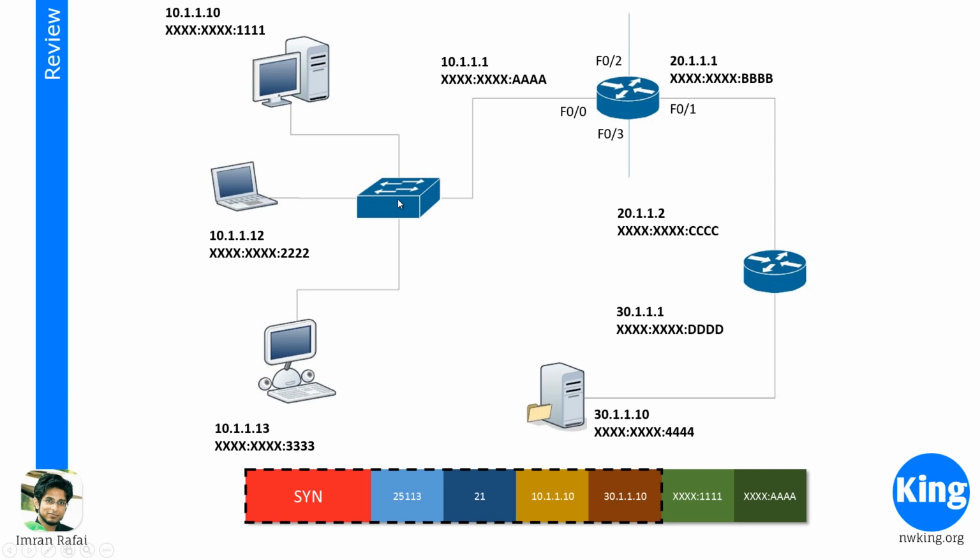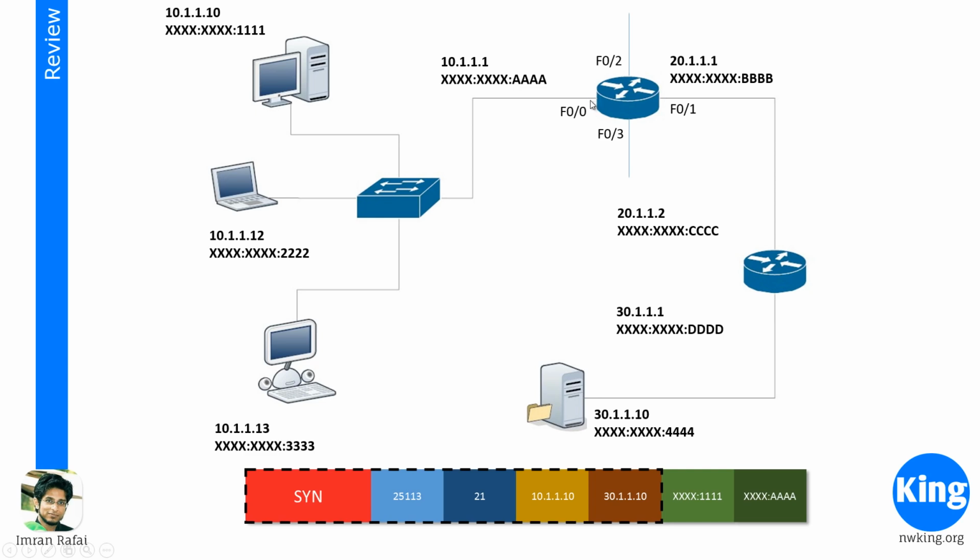Now, since it's a broadcast message, the switch sends out that ARP onto all the ports, right? So all of those devices, including this router, receive that ARP. This device says, I'm not 10.1.1.1, and drops it. This device also says, I'm not 10.1.1.1, and drops it. This device, the router, receives that and says, yes, I am 10.1.1.1, and it puts its MAC address, this port's MAC address.